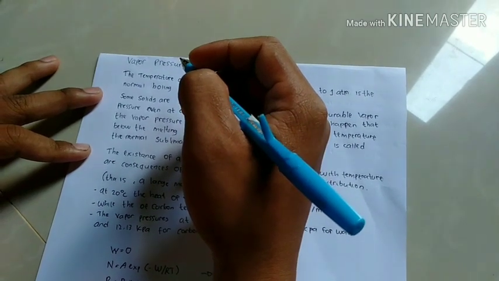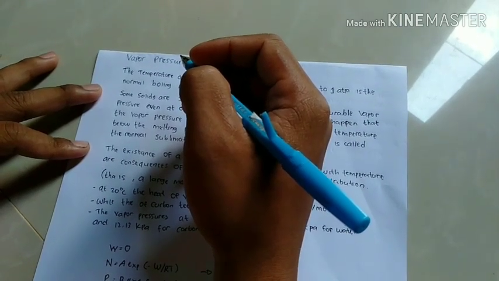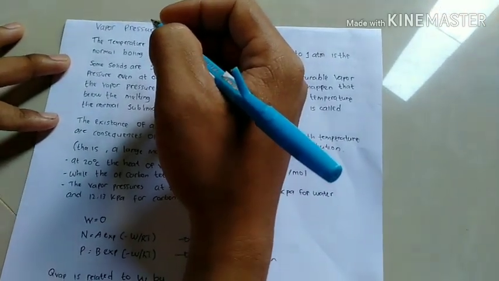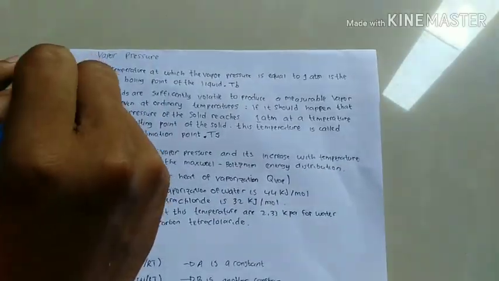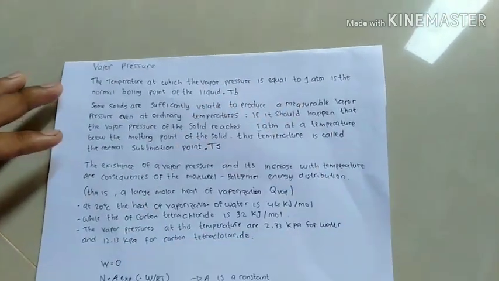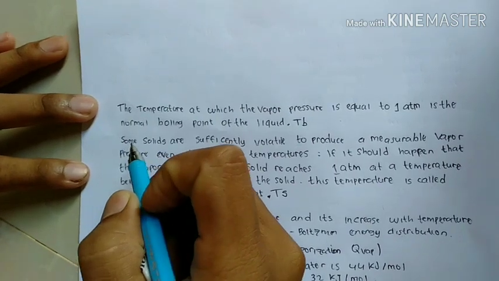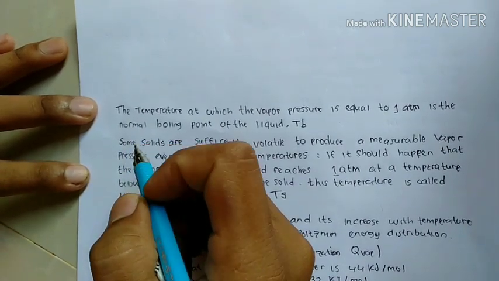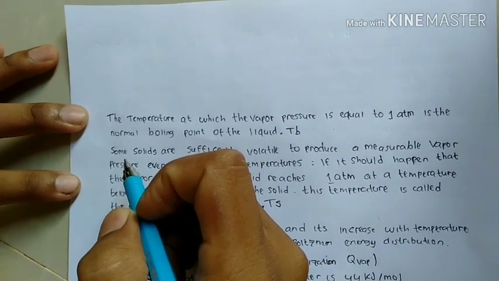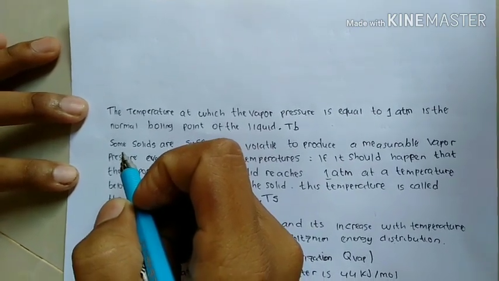Provided some liquid remains and equilibrium is established, the pressure of the vapor in the container is a function only of the temperature of the system. The pressure developed is the vapor pressure of the liquid, which is a characteristic property of a liquid.